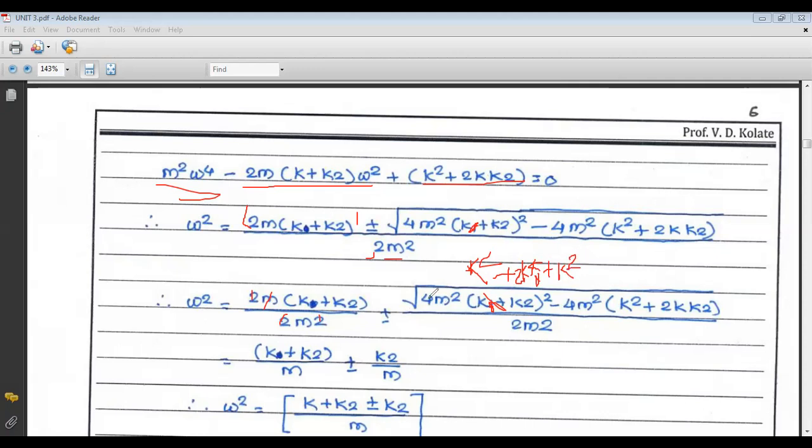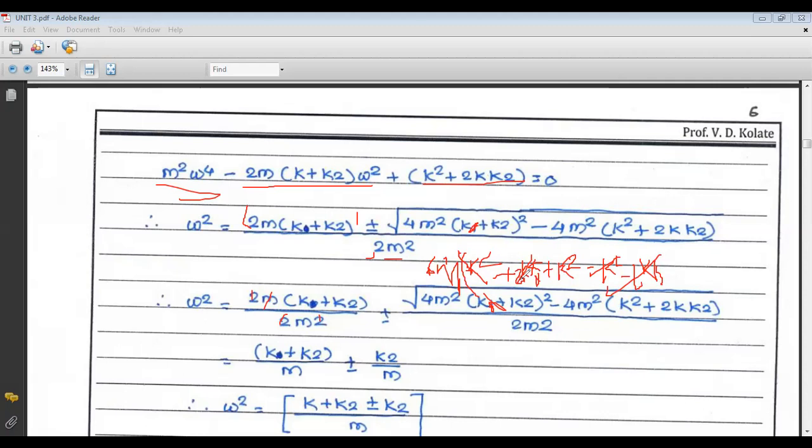Again 4m square is common, so we take common 4m square. So in the bracket it becomes k square plus 2k k2 plus k2 square minus k square, again minus 2k k2. So k square gets cancelled, 2k k2 gets cancelled.